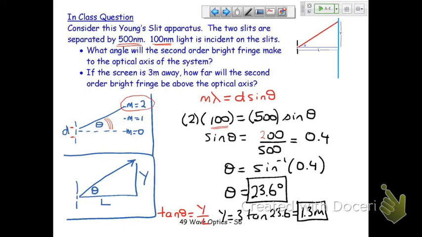Now, in some of the old tests, another question you can ask is, how far are you away from the straight through direction for a given distance to the screen? And there's a small angle approximation.